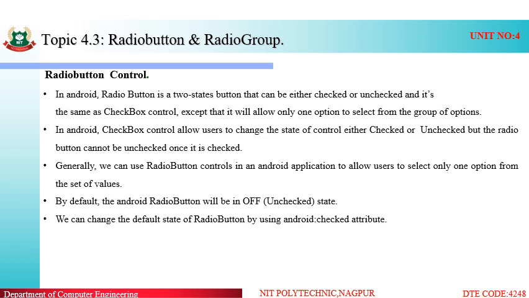in Android, radio button is a two-state button. As we all know, a radio button is two-state, that is we can make it either checked or unchecked. It is the same as the checkbox control, except that it will allow only one option to be selected from the group of options.